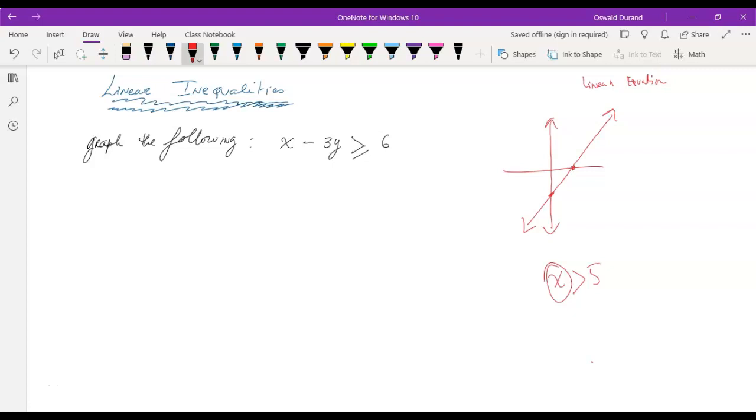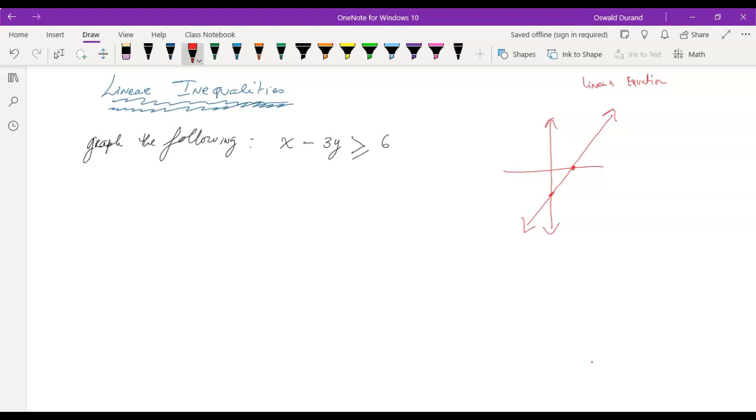It could be 6, it could be 8, 1 million. There are infinitely many numbers that are greater than 5. It's kind of the same thing with linear inequalities. Here we're saying that the expression x minus 3y, which is a linear expression, is greater than 6.